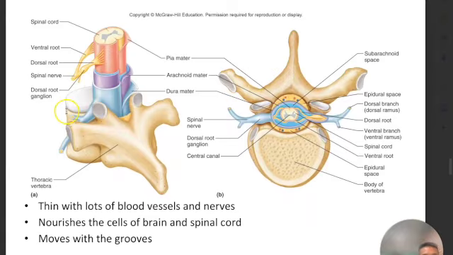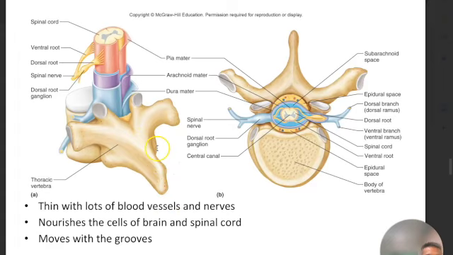So here it is, another view. The outside one is the dura, arachnoid, and then the pia. Here's your spinal cord. If we look at this, this is the posterior horn. Right there. So you see the spine. This is the back of the spine. And from the picture, this looks like a what?